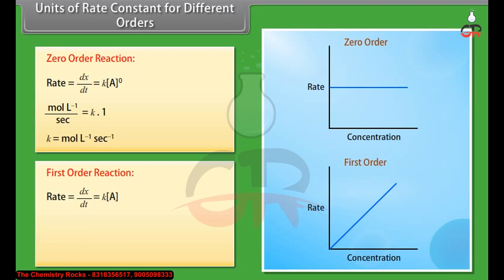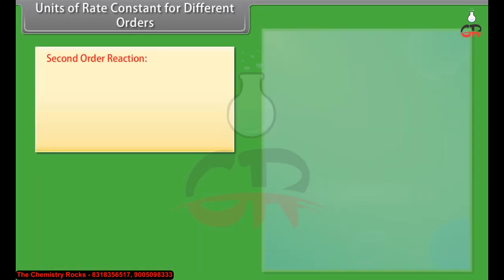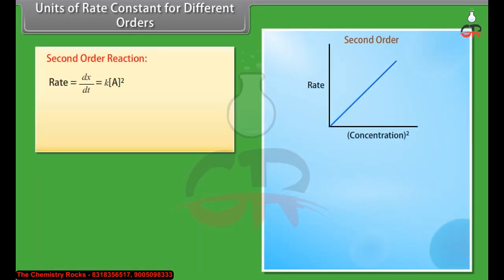Rate is equal to dx by dt, which is equal to the product of K and A. Thus, the unit of rate constant for first order reaction is per second. Second order reaction. Rate is equal to dx by dt, which is equal to the product of K and A raised to the power 2. Thus, the units of rate constant for second order reaction are liter per mole per second.